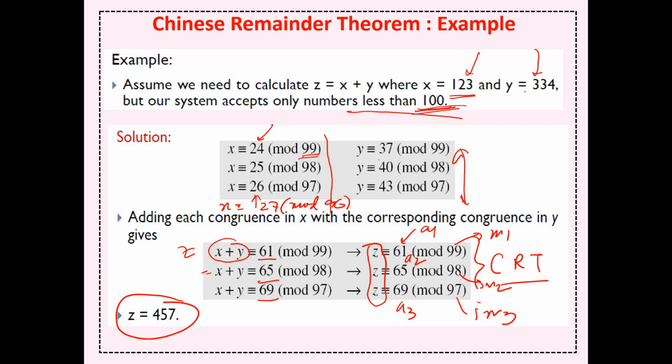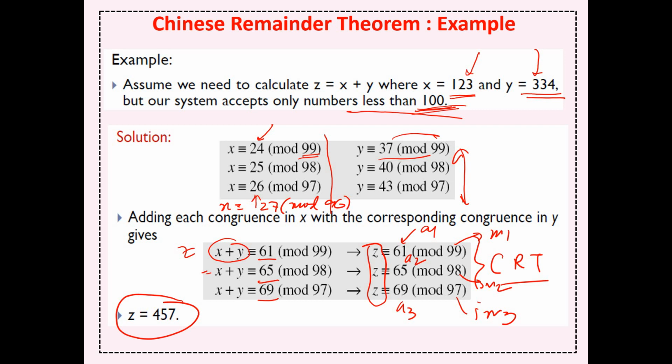37? Your y is 334. Okay, suppose you have 34. So take this, add this up to 99 and 37. What is coming? 120.